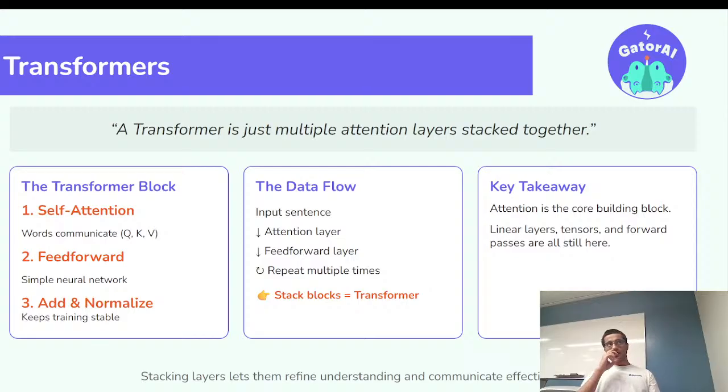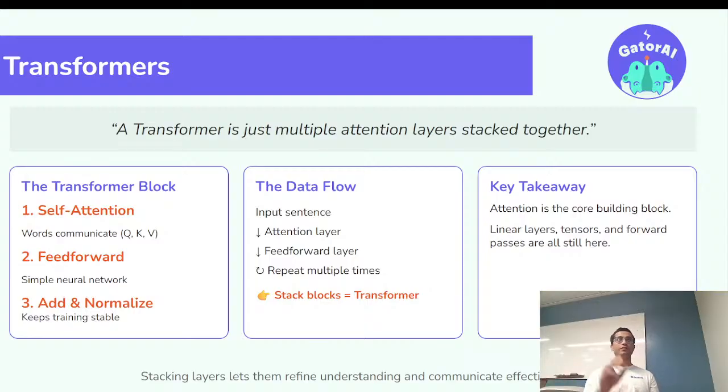A transformer is basically just multiple attention layers stacked together. We have the transformer block, which has self-attention, right? Self-attention is how we implement attention within itself, so within the same sentence, so words communicate with each other. And then feed forward, which is a simple neural network with multiple neurons in one layer, and then we interconnect it.